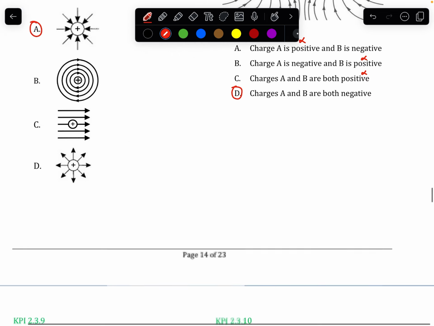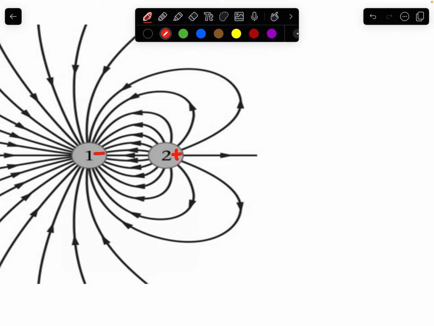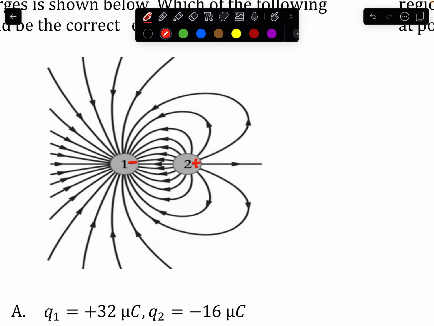About to be done. The electric field lines for a system of two charges is shown below. Which of the following could be correct about charges 1 and 2? Now, charge 1 has outward lines, so this is a positive charge, and 1 is inward. And it's very clear that charge number 2 has fewer electric field lines than charge number 1.